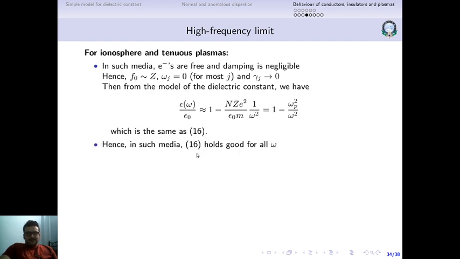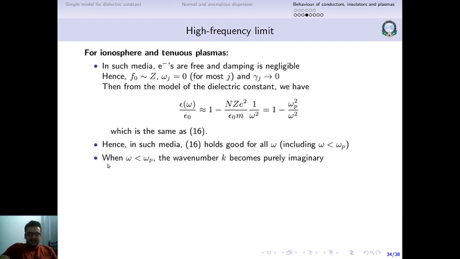So in such media, equation number 6 holds good for all omega. Not only for omega greater than omega p, it also holds good for omega less than omega p. Now what happens if omega is less than omega p?